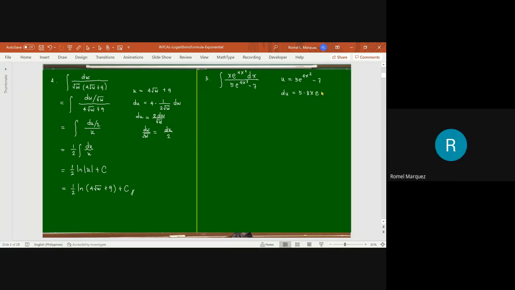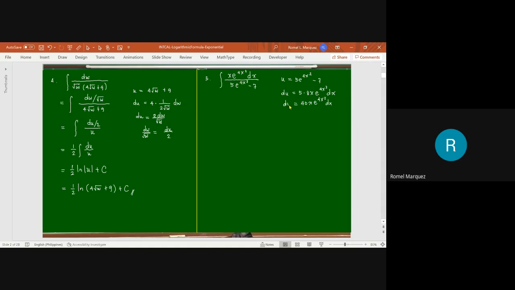Then multiply, of course, by e to the 4x squared. Am I right, guys? The derivative of negative 7 is 0. But we want the differential, so we multiply by dx. So that's now our du. Okay, multiplying 5 and 8, we get 40x e to the 4x squared dx.